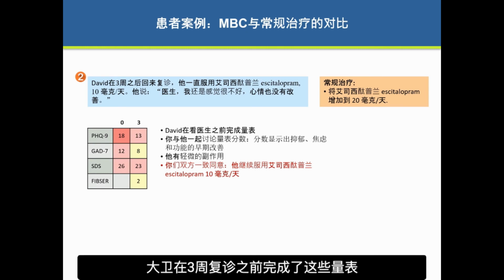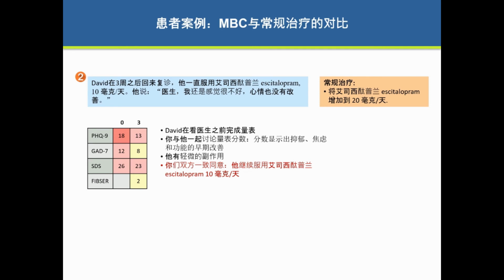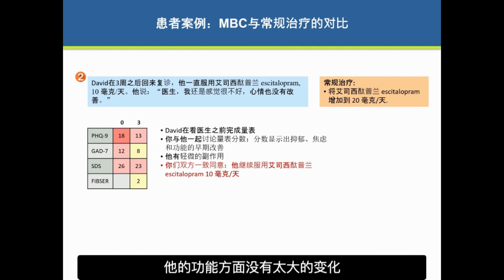David completes the scales before his appointment at 3 weeks, and he finds that when you discuss the scores with him, there's been actually some early improvement in his depression symptoms, and his scores decreased from 18 to 13. Similarly, his anxiety is a little bit better, with scores now down to 8. Not much change in terms of his functioning, and on the side effect rating scale, he only has mild interference from side effects.